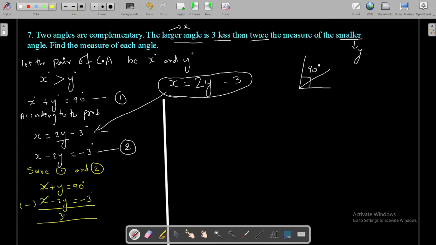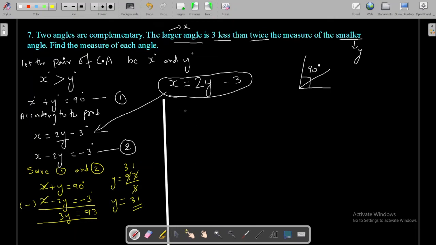I will get 3y is equal to 93, which is nothing but y is equal to 93 by 3. That is 3 ones are 3, 3 nines are 27, 3 ones are 3. So I will get y is equal to 31 degrees.